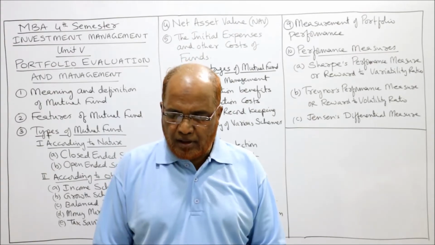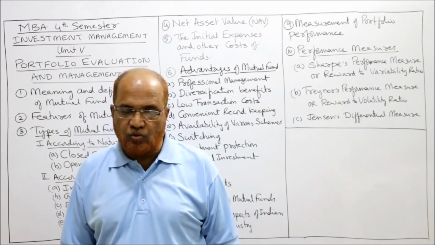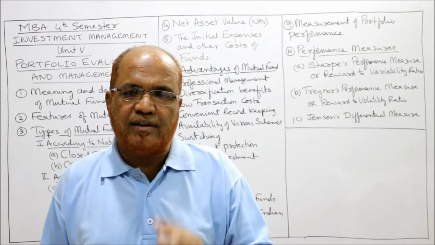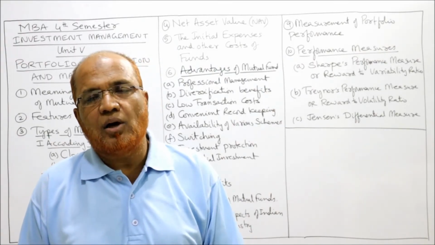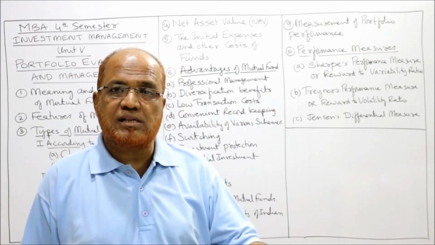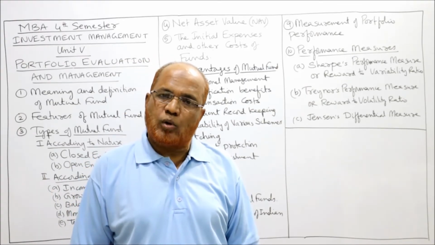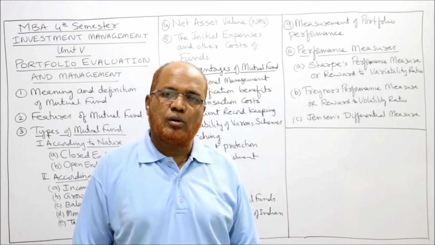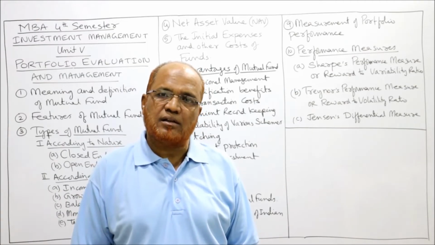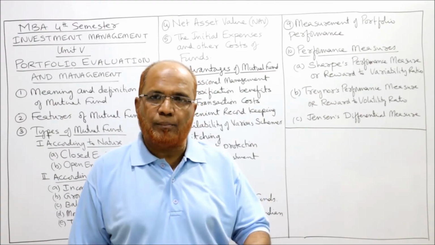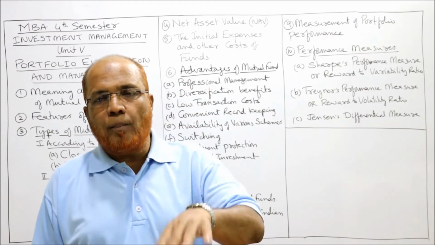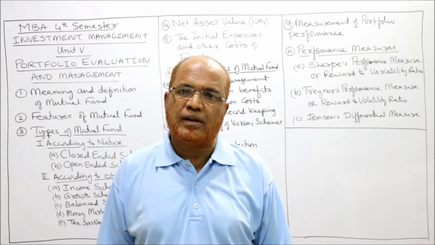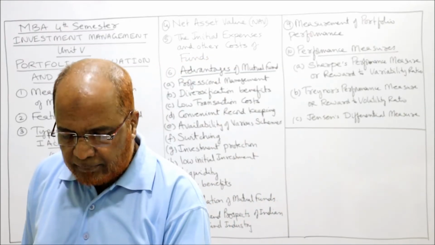It is always open. A closed-ended scheme does not allow investors to withdraw funds. Once you invest money in a closed-ended scheme, you cannot withdraw the money from it. The only thing he can do is go to the secondary market, just like shares. In the secondary market, anyone can go to the stock exchange where the units are listed and sell their units. But the mutual fund company will not take them back. Whereas the open-ended scheme will be repurchased by the mutual fund company at any time. So they can withdraw the money at any time.